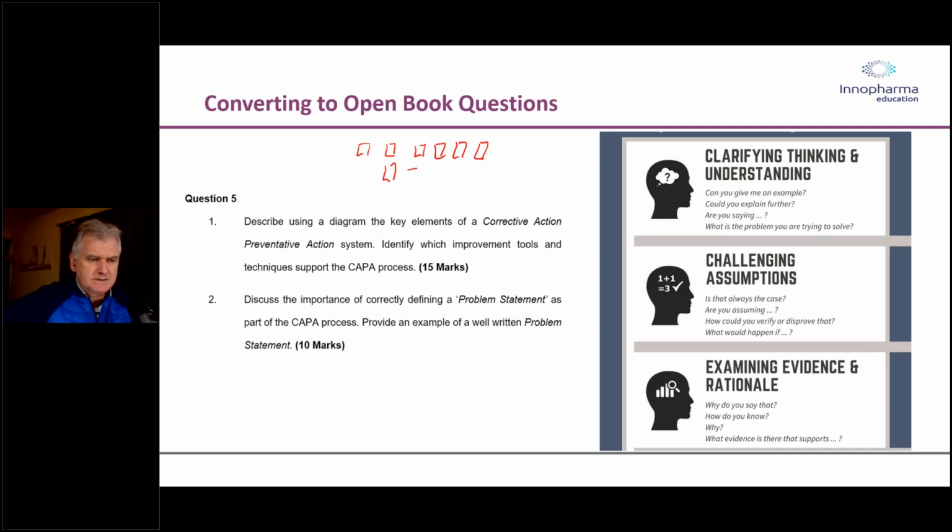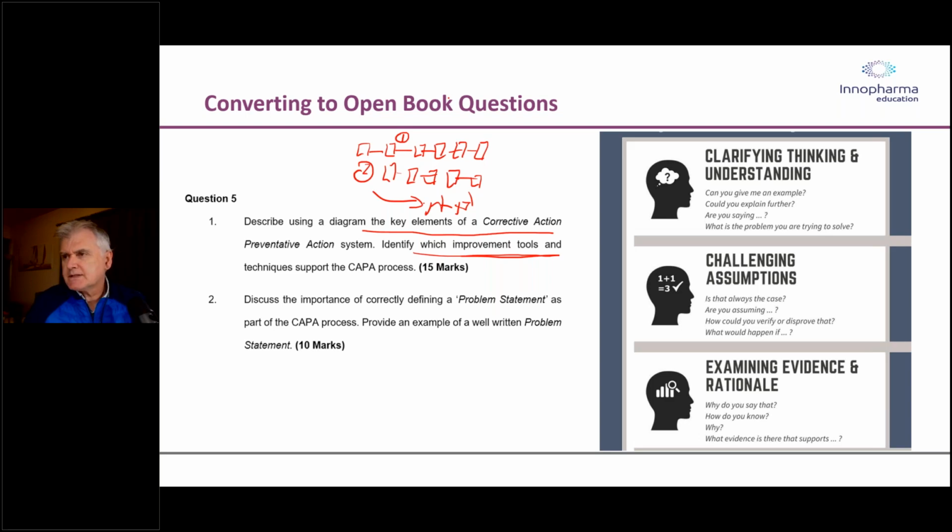Remember there were kind of 2 parts to it, the level 1, level 2 part. Define the problem, evaluate the severity, whether it's level 1, if it's level 1 up here, if it's level 2, it's down here. So if you remember that diagram, really what I'm asking for here is to draw that diagram and identify some of the tools that you'd be using. So that would be very much a closed book question.